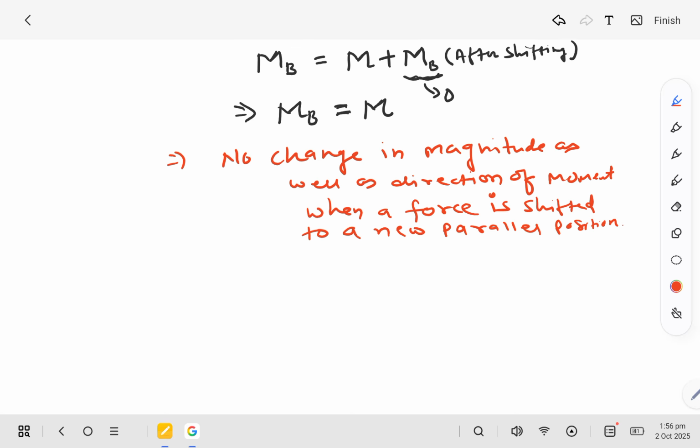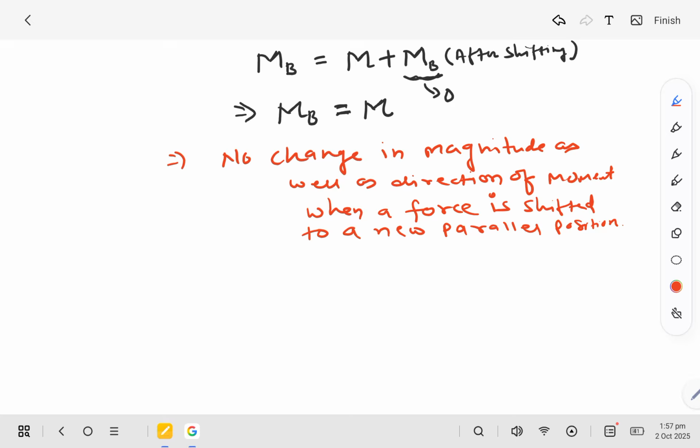Okay, so this is the way to transfer a force from one position to another parallel position with the help of the moment of a couple.